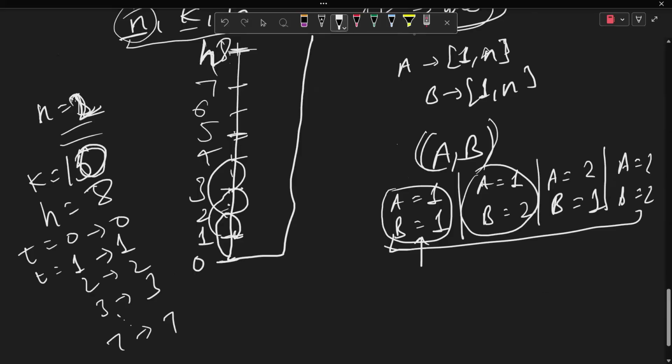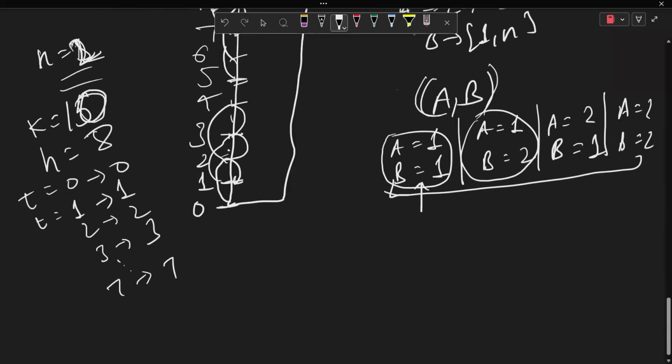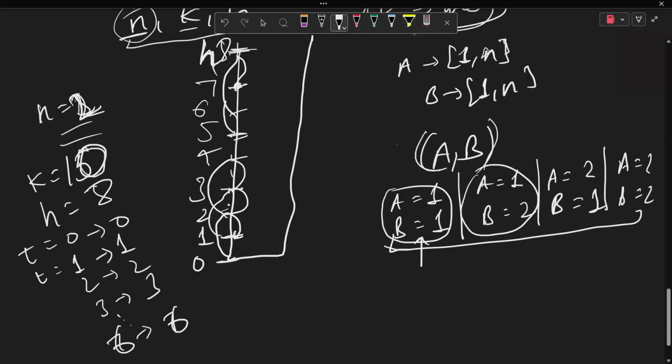From 5, you jumped 2, and then fell 1, and you reach 6 at t equal to 6.